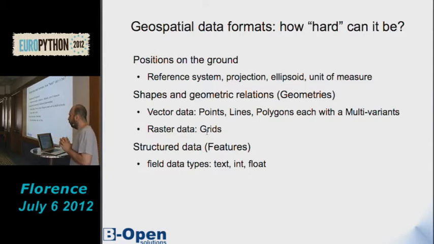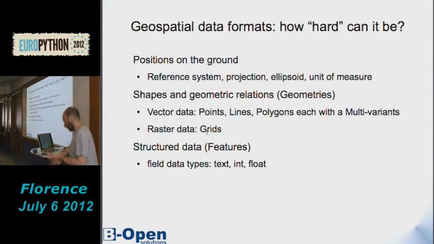So in order to have a geospatial format, you have to describe the reference system with projection, ellipsoid, and unit of measure. Then you have different kinds of shapes and geometric relations, because you may have vector data or grid data or raster data.